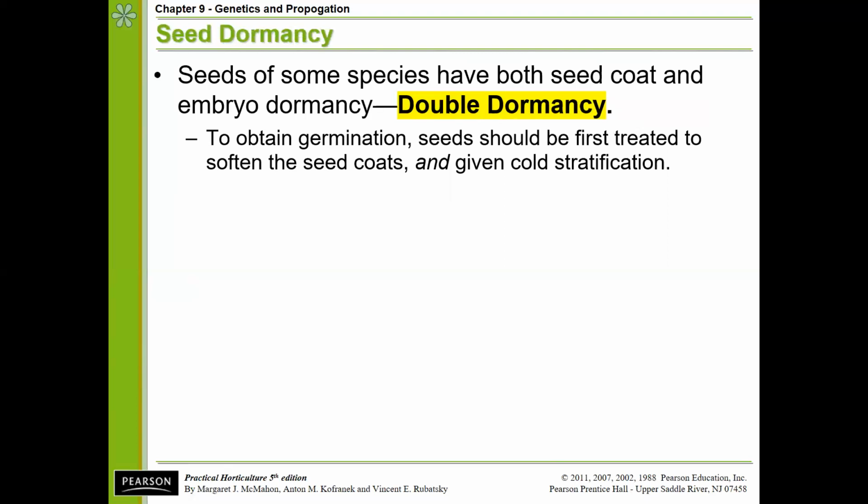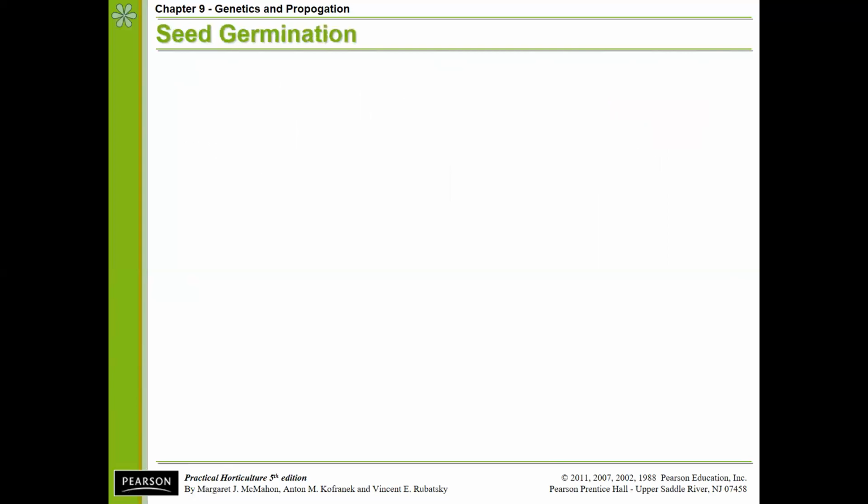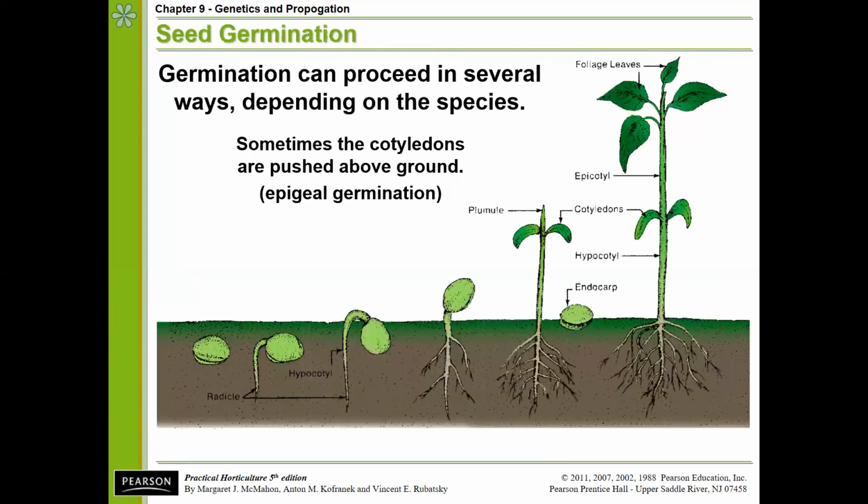We've been working with pawpaws, for instance, a native sort of tropical-like fruit that has this really difficult double dormancy to overcome, and it can take over a year to get the seeds to germinate. Sometimes they need both scarification and stratification.